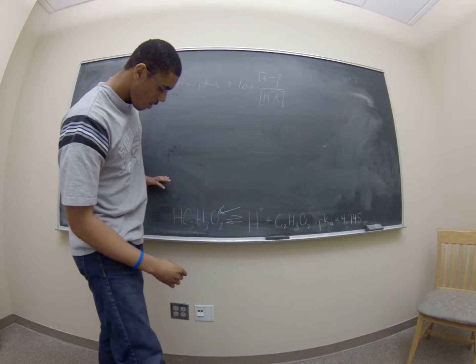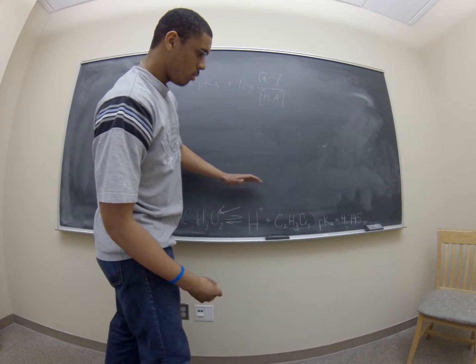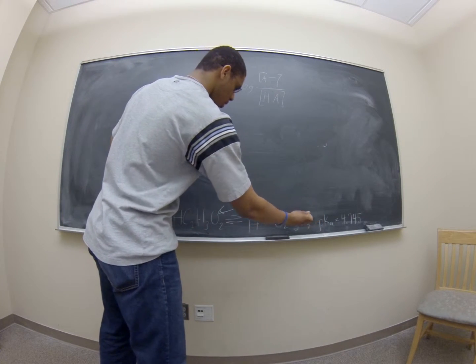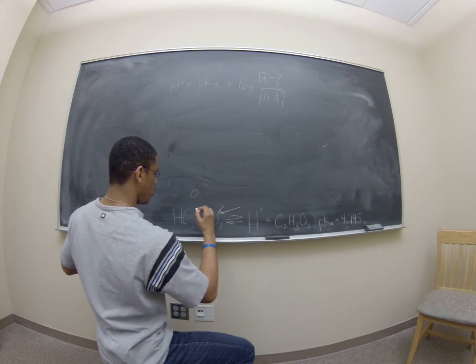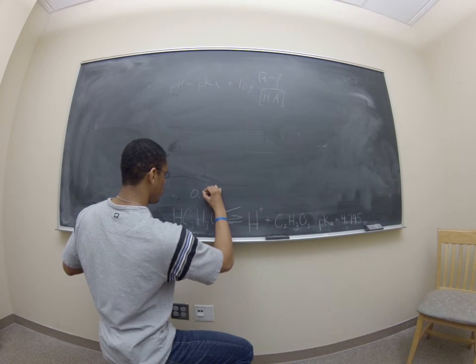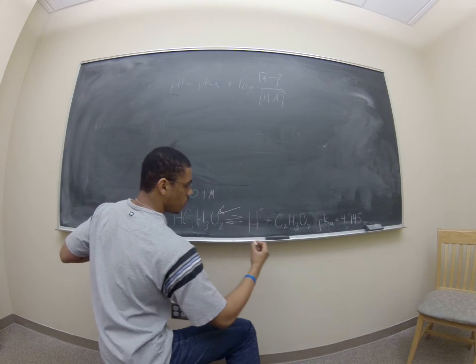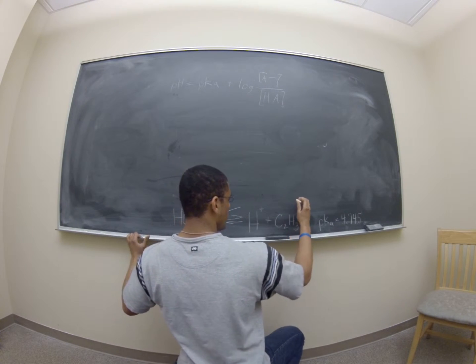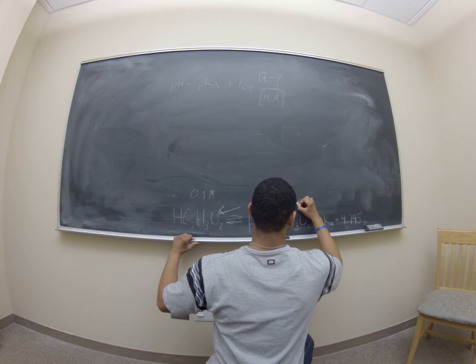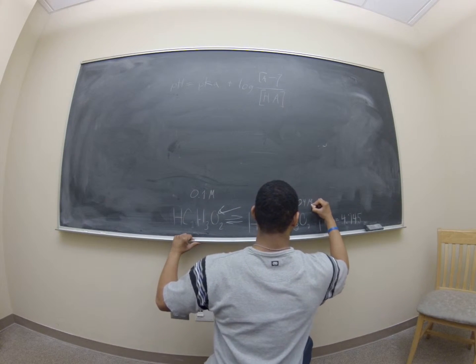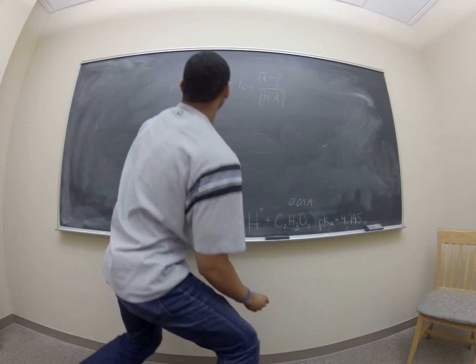Down here we have the equilibrium equation already set out with the pKa there. So the concentration for our HA, which is our acetic acid, is going to be 0.1, and we have a 0 here for our H+. We're going to have 0.4 more for our A- conjugate base.